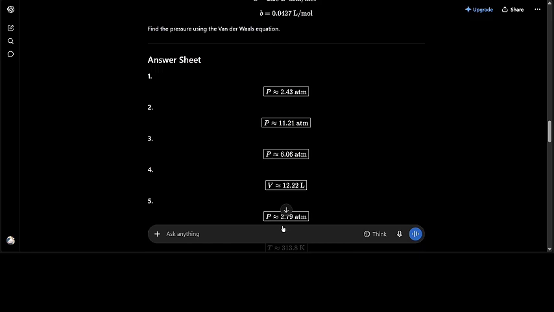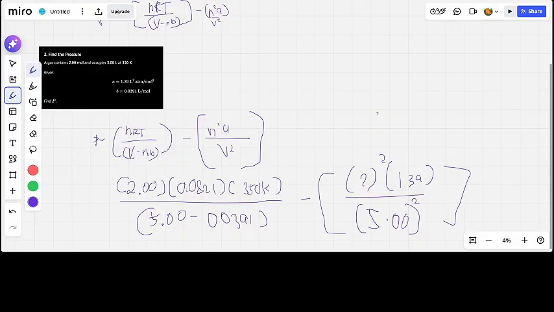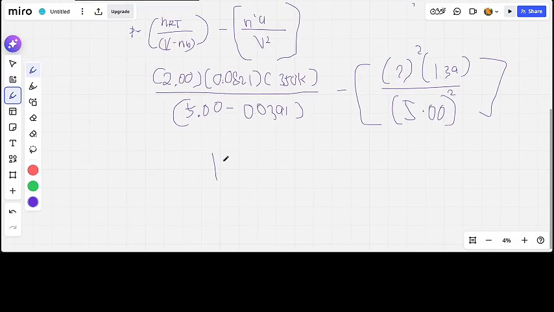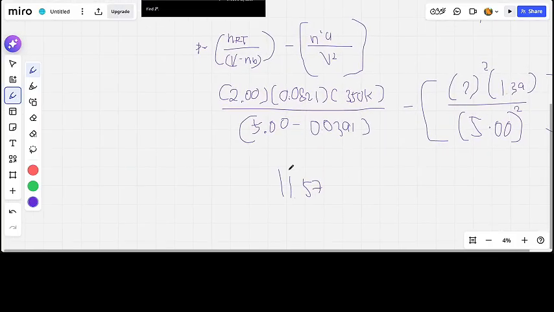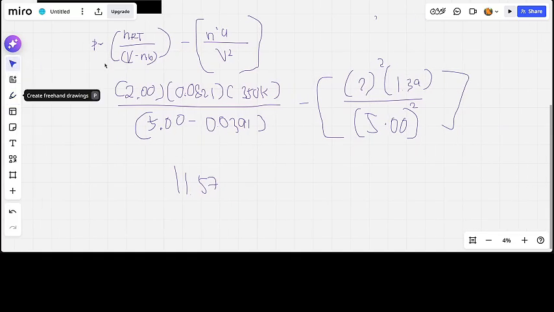Maybe they're rounding it off. So maybe we have 11.57, and then if you take off everything, it is 11.57. Two squared times 1.39. Oh, maybe. This is the problem, 2 squared.